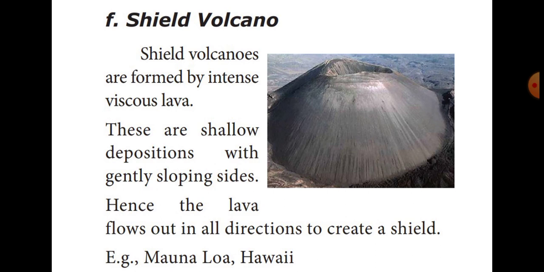These are shallow depositions with gently sloping sides, so lava flows out in all directions to create a shield. For example, Mauna Loa in Hawaii is an example of a shield volcano.